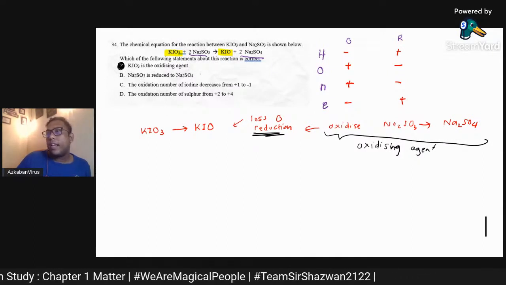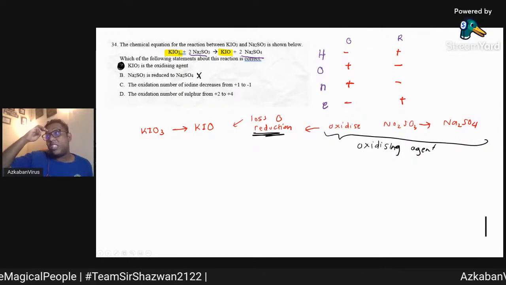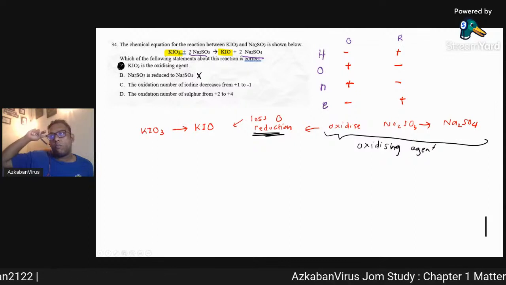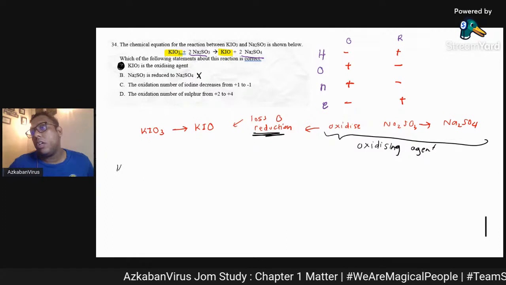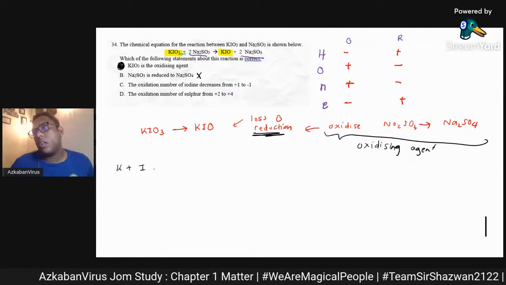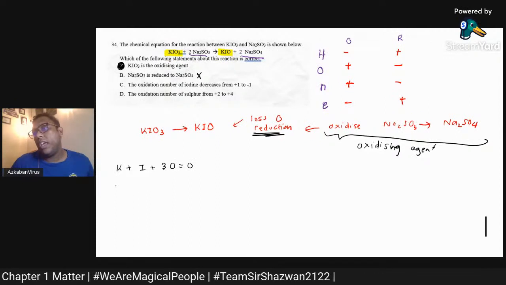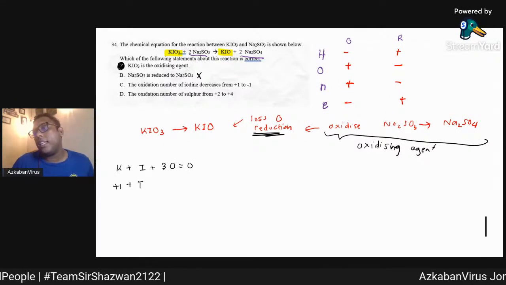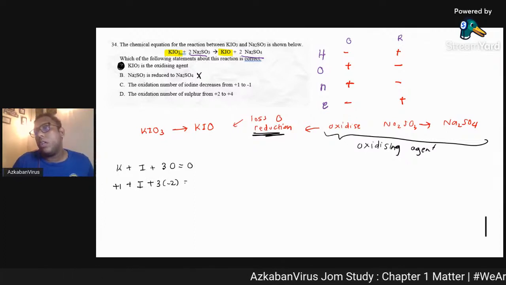SO3 jadi SO4 ni salah. Okay, oxidation number of iodine decreases from +2 to -1. Kita check. KIO3, K adalah positif 1, tambah I kita nak cari, tambah 3 kurungan negatif 2, kosong.